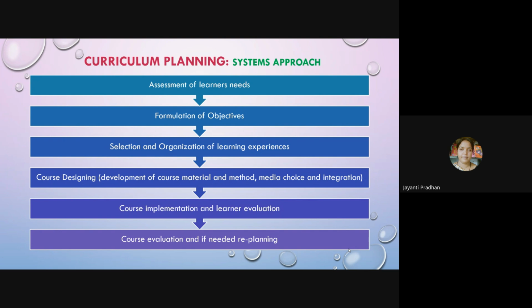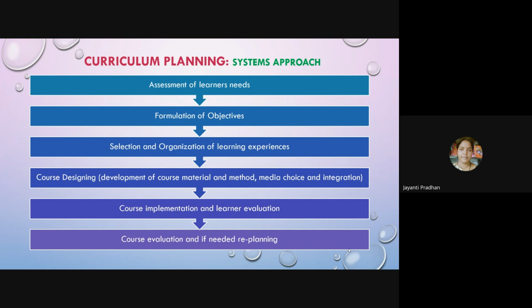After selecting, we organize the learning experiences or the contents so that they are in an easy flow and the learner can fit into that. Then course designing, development of course material. After organization of learning experiences, we design the course and put all these learning experiences in the course in a systematic way.